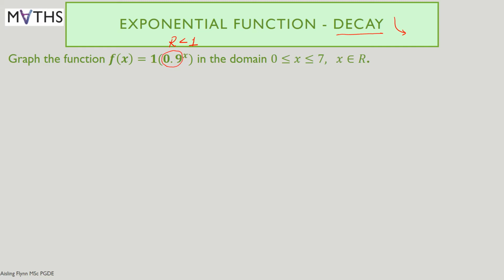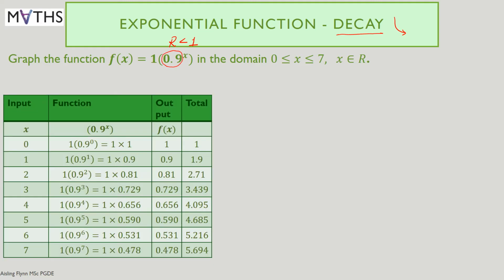So we're going in the domain from 0 to 7. We're going to model it over 1 week. So on day 0, if there was 1 person infected, we have an output of 1.